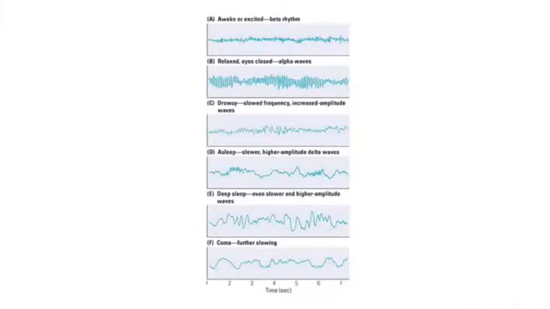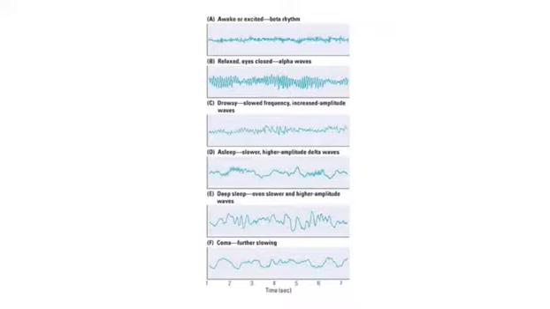So this is an example of the high frequency, low amplitude beta waves. Then when we're producing more alpha waves, we have a lower frequency, higher amplitude wave as our brain waves start to slow a bit. When we get drowsy, brain waves slow even more.